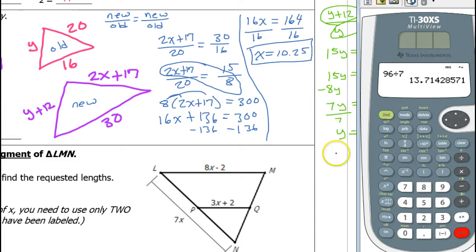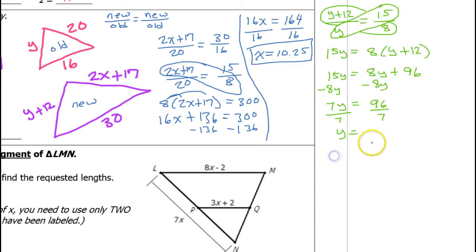We are getting a decimal that would have to be rounded. They didn't say we were allowed to round, so instead I'm going to have to use the fractional form. I'm just going to leave it as 96/7.